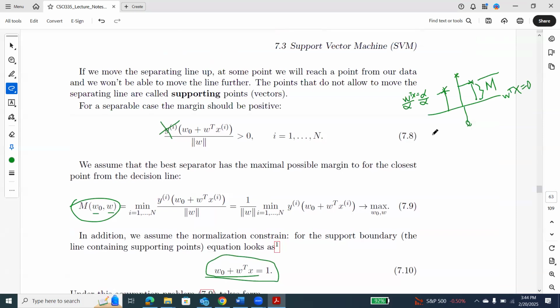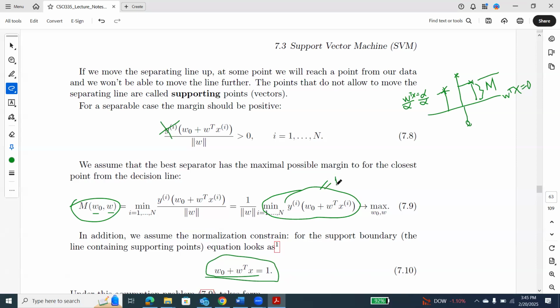When we assume that the dot product for the support point, the nearest point, is 1, then this expression will be 1. So we get rid of this minimum with this normalization. So this will be 1.